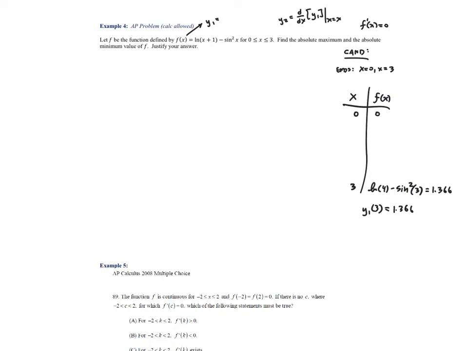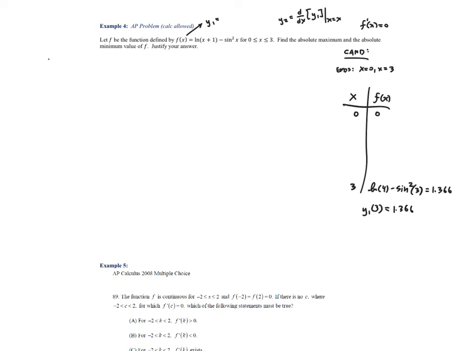It might be represented by a couple of different visual things, like a vertical asymptote, or a hole, or a jump discontinuity, potentially. But I'm not anticipating that being a problem. I'll sketch my graph of the derivative in just a moment.